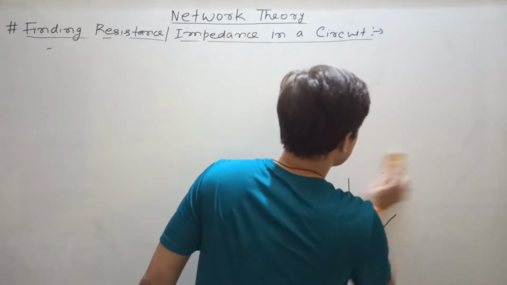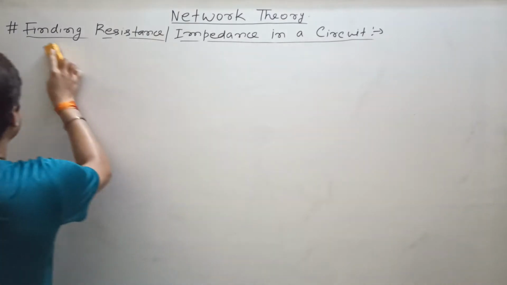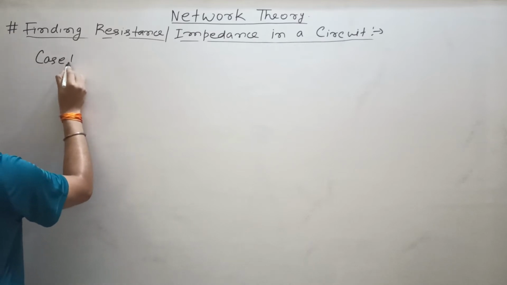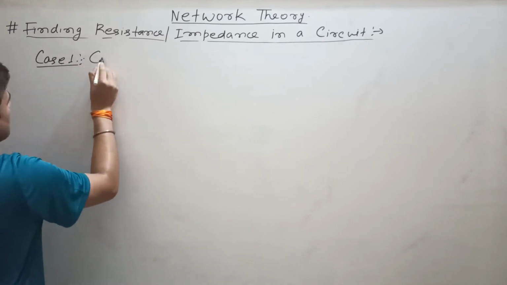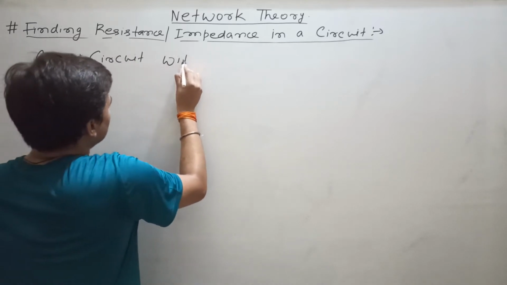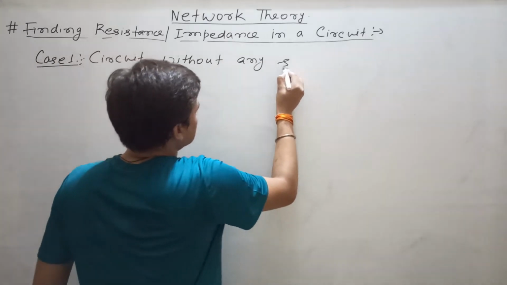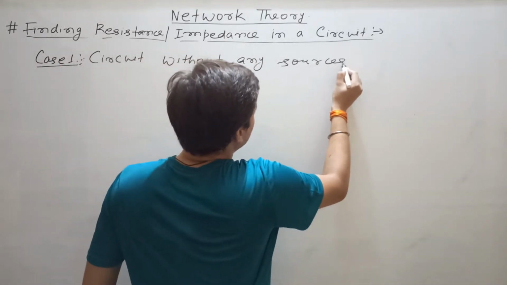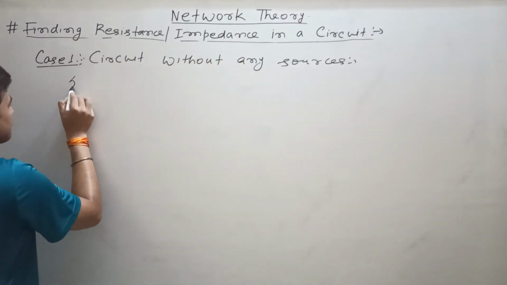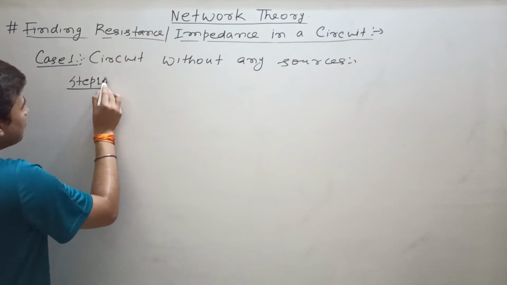That means the circuit without having any source. Let us take first case, circuit without any sources. Clear? Now if no sources are present, then let us write the steps to find equivalent resistance or equivalent impedance.